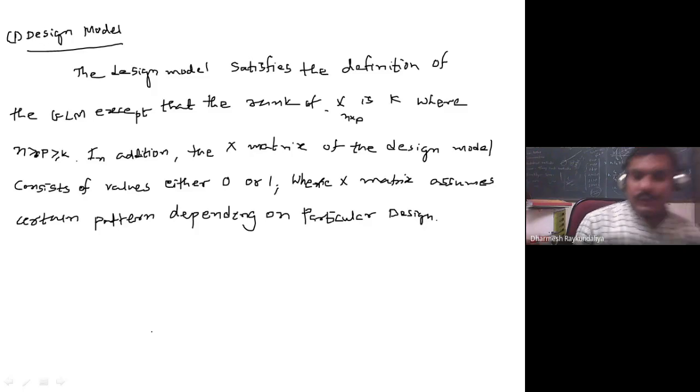So if it is a CRD, the X matrix has a certain pattern. If it is an RBD, it has a certain pattern. LSD, it has a certain pattern. So the X matrix has patterns according to the design which you have adopted.